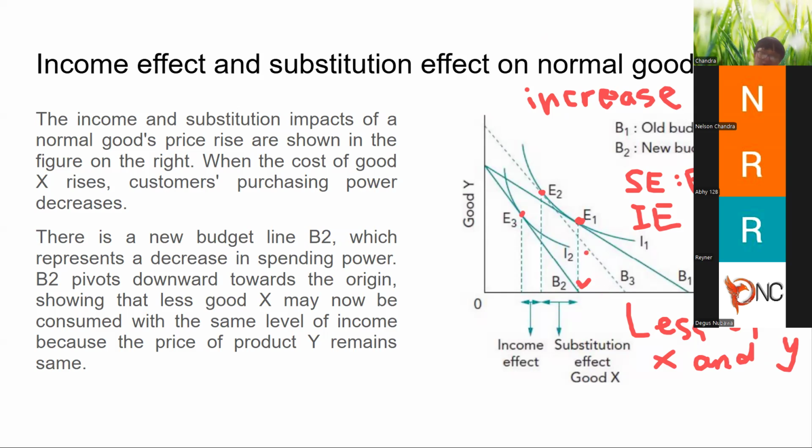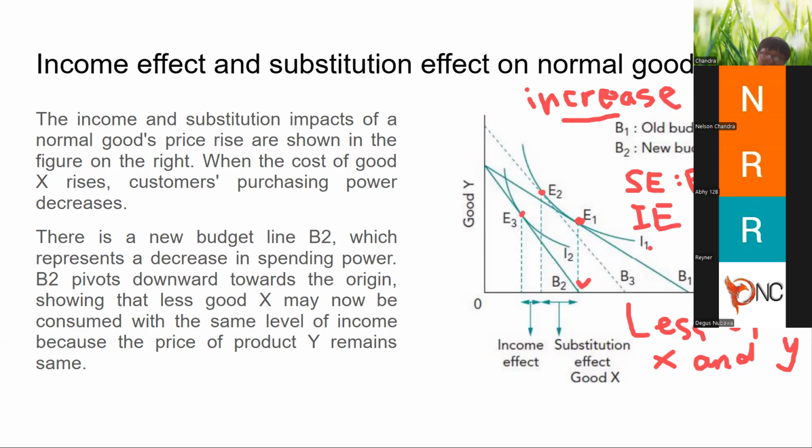If you understand this, then you have to understand that the substitution effect will not change no matter the type of good. The substitution effect always behaves consistently. When there is an increase in the price of good X, the substitution effect always moves along the same indifference curve, and it always goes to the left.